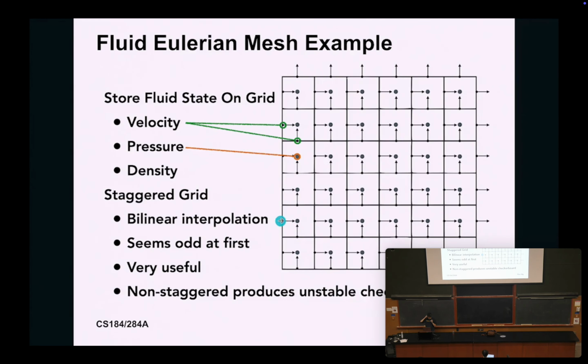We do this because we would run into instability again if we defined the velocity in the center.